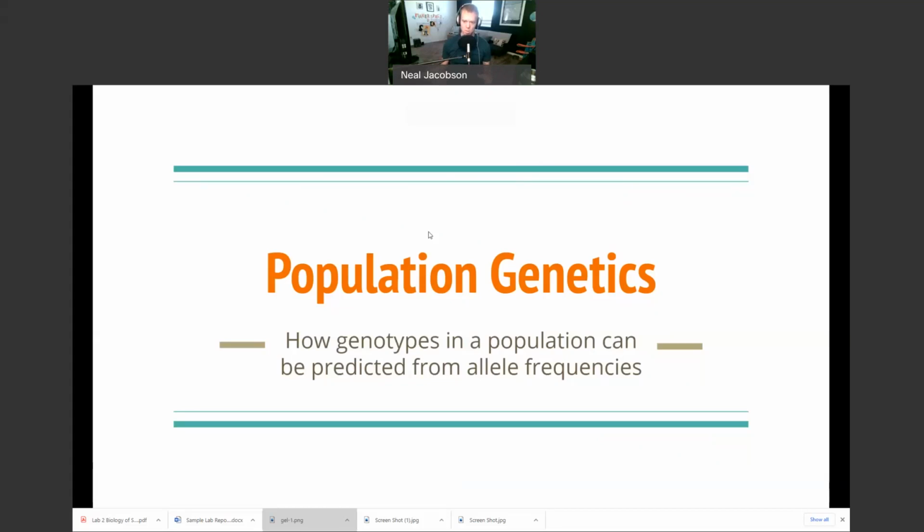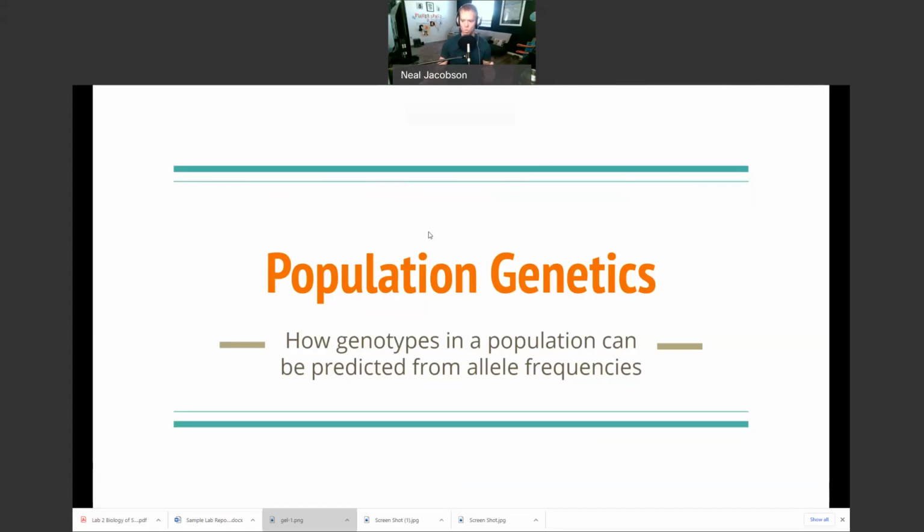You can also, and this is what it's used for more often, work backwards. If you know what the phenotypes are in a population, which is a lot easier to do than knowing the allele frequencies, then you can say, okay, if I can go out and count all of the homozygous dominant, all the heterozygous, all the homozygous recessives, provided that all three have a different phenotype, then I can work backwards and calculate allele frequencies from just seeing the phenotypes.